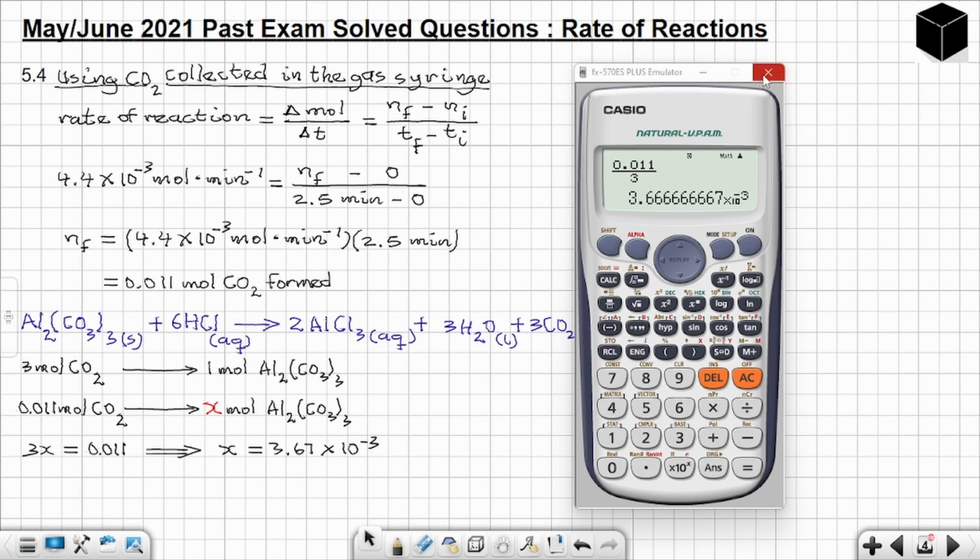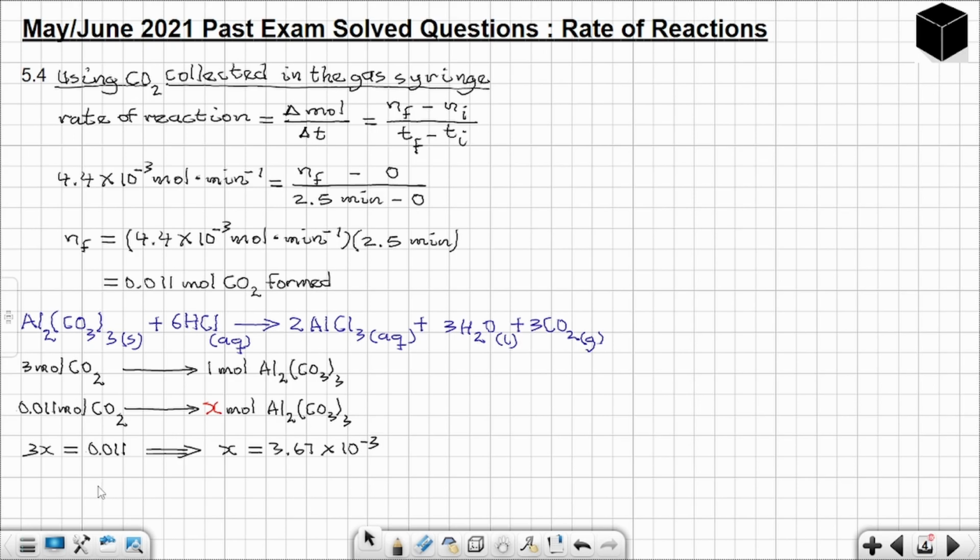Okay. So this is X. And this is now the number of moles of what? Aluminum carbonate used up. So when this number of moles of aluminum carbonate is used up, this number of moles of carbon dioxide is formed. Can you see? The reactant are used up to form what? The product. Okay, let me continue.